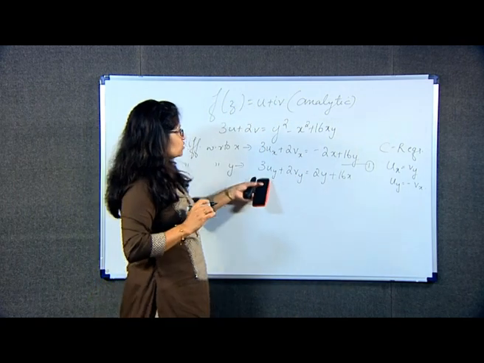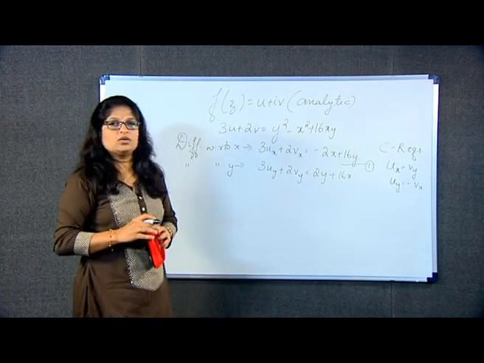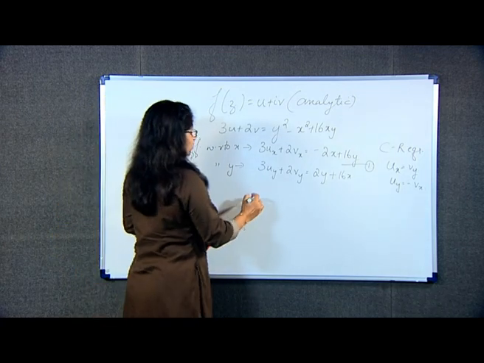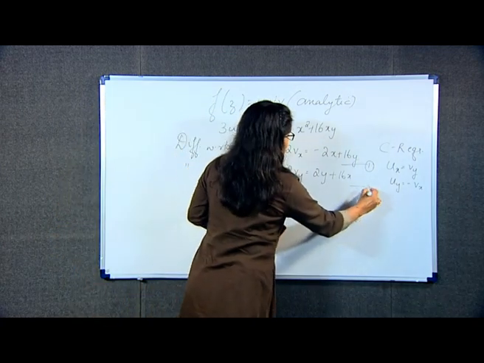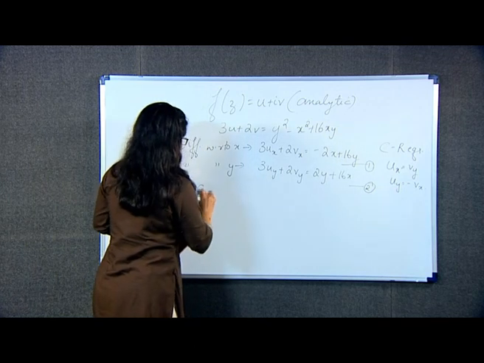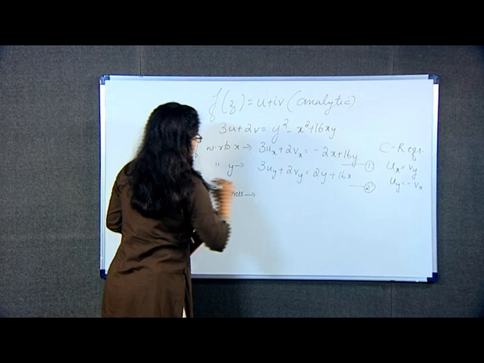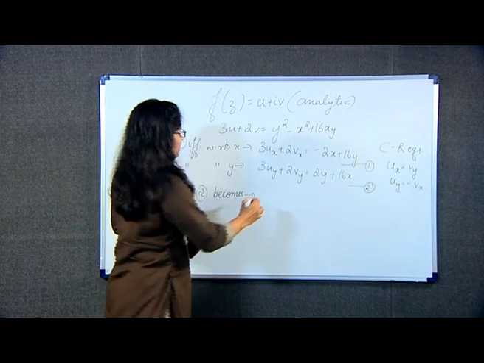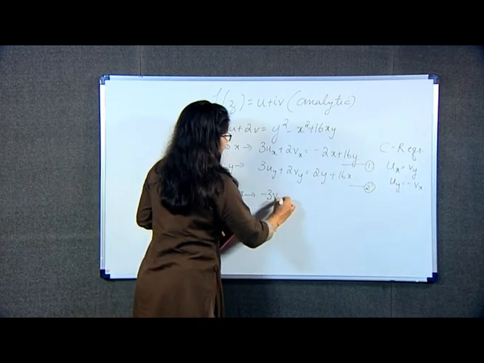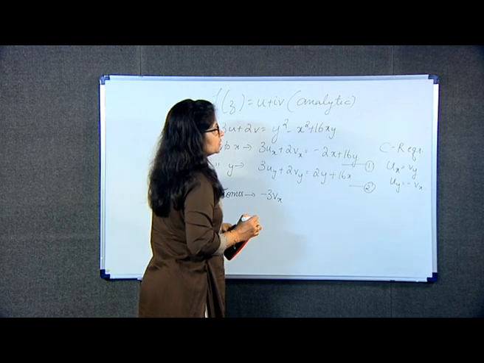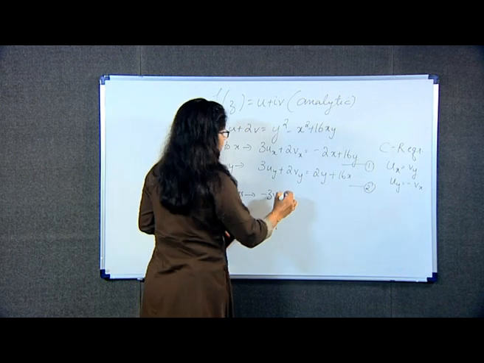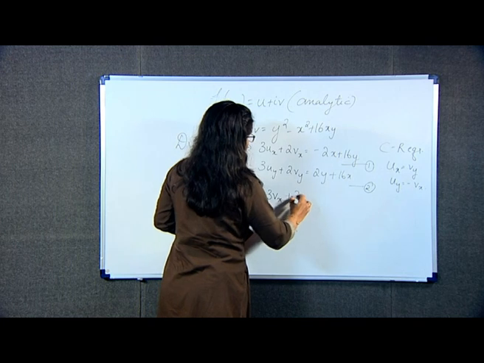I am going to make these 2 variables also as ux and vx. So this equation, 2, becomes: uy has to be replaced by minus vx and vy has to be replaced by ux.